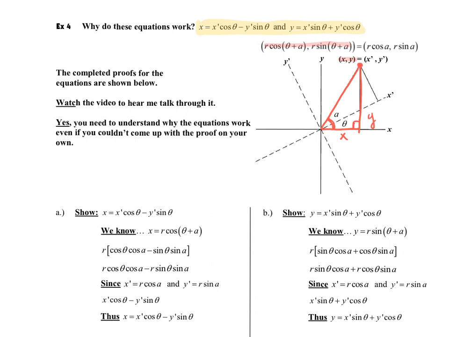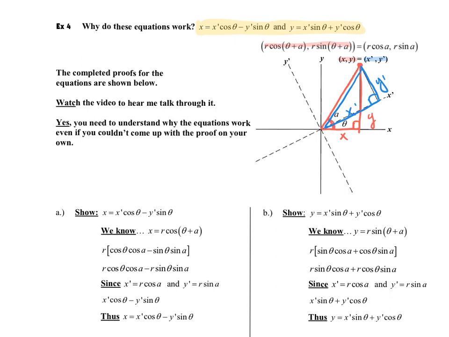Then the next thing we want to do is look at the triangle on the rotated axes. Now we're looking at this one right here, and there's that right triangle. So now we have an x prime and a y prime. The ordered pair instead of (x, y) can also be expressed as (x prime, y prime), because we're going to the same place.